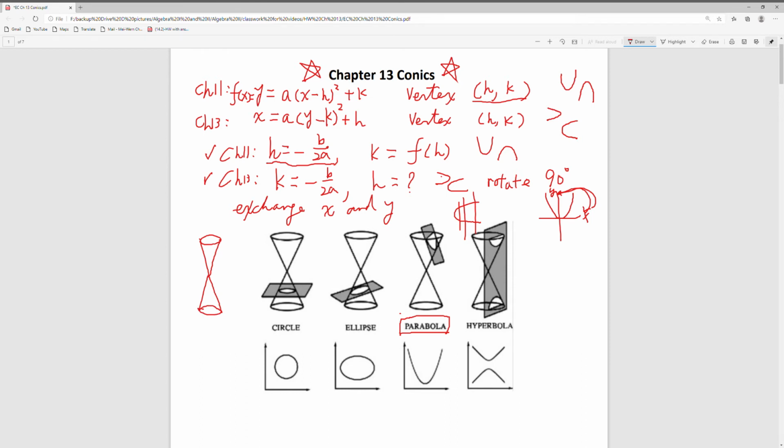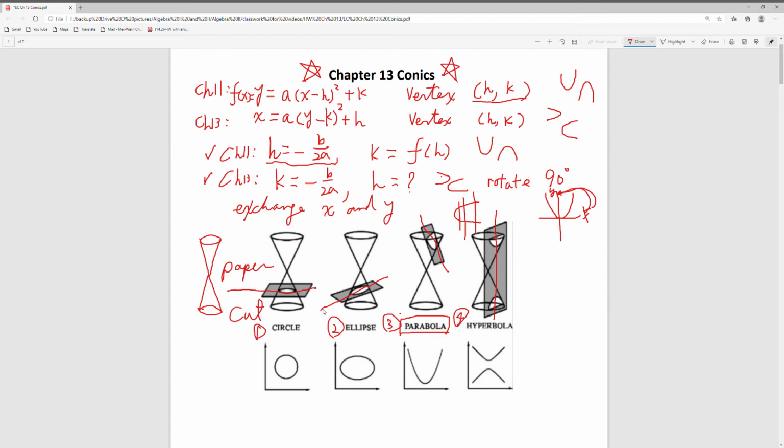And if you use a piece of paper and go across the graph or slanted, or in this direction, then this paper will cut the cone to have a shape, either circle, ellipse, parabola, or hyperbola.